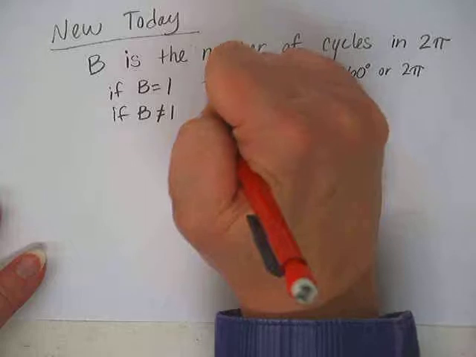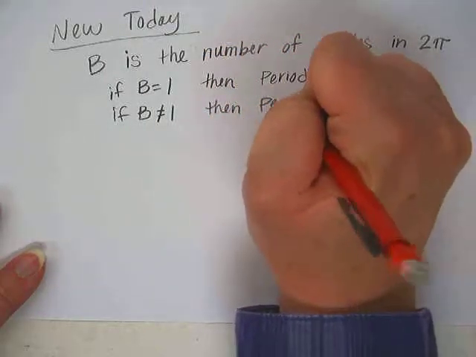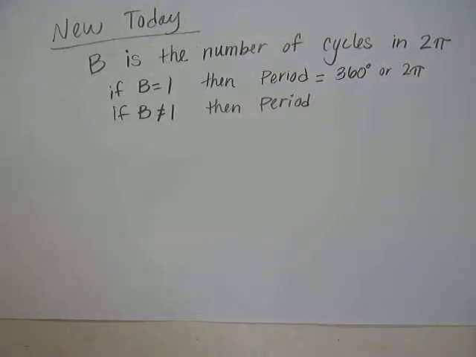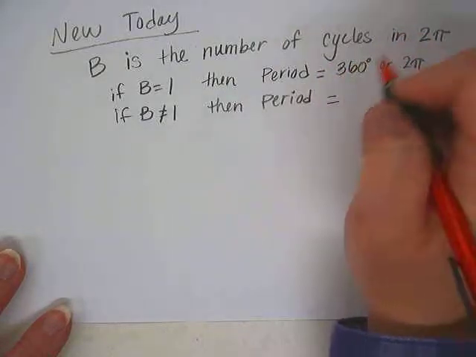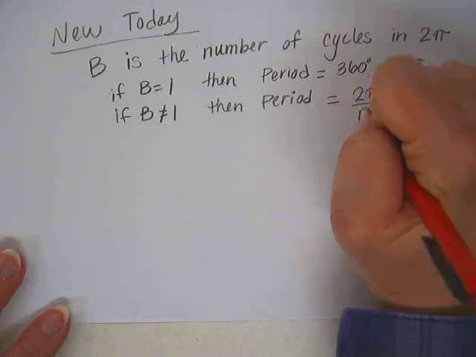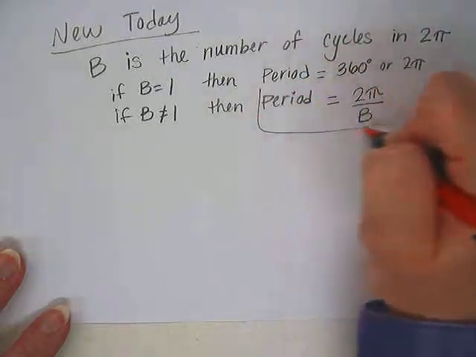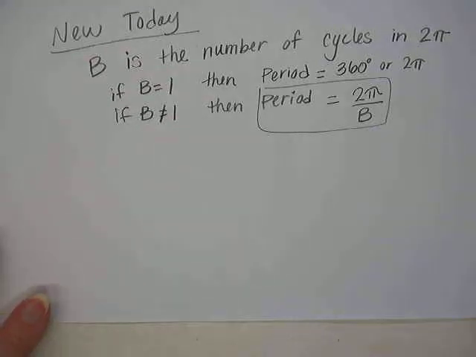Correct? Okay. But if b does not equal 1, then the period of the graph, or again, the period means how long one repeat is, then the period will be equal to 2 pi divided by b.